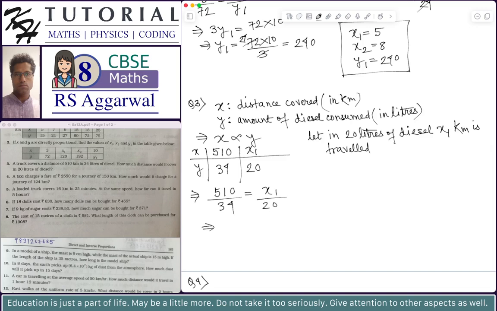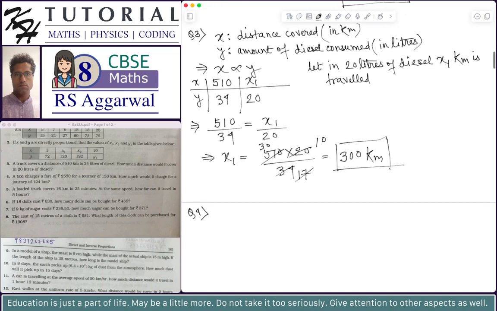From here we can solve for x1 using cross multiplication, and we have 510 multiplied by 20 divided by 34. 2 divides 20 with 10, 2 divides 34 with 17, and 17 divides 510 with 30. So this is equal to 300. So x1 is 300 kilometer. The truck will travel 300 kilometer in 20 liters of diesel.